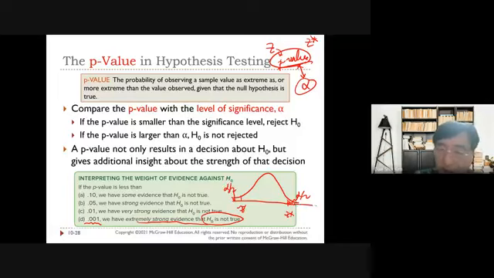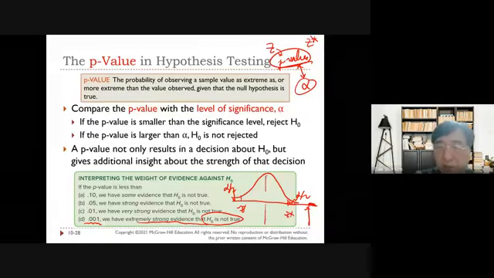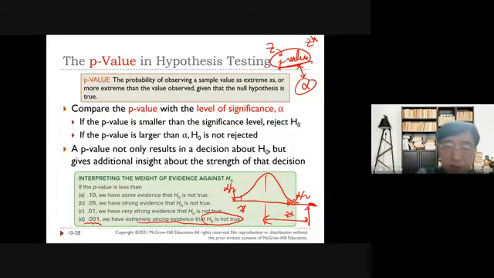But our Z value is here, whereas the p-value is here, very, very small. So the Z value is much bigger than Z star, outside.